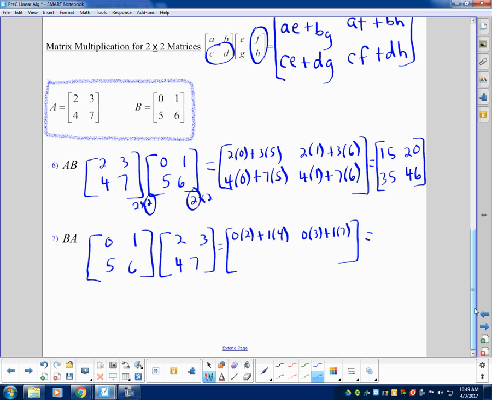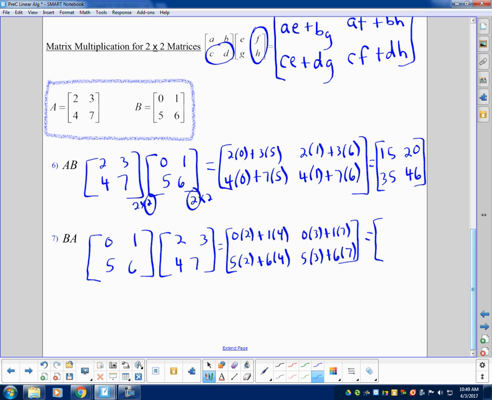And then second row times the first column would be 5 times 2 plus 6 times 4. And then second row, second column would be 5 times 3 plus 6 times 7. And once again, just make sure that what you have in parentheses here matches up. That'll help you to see that you've multiplied correctly. And I will get a different matrix.